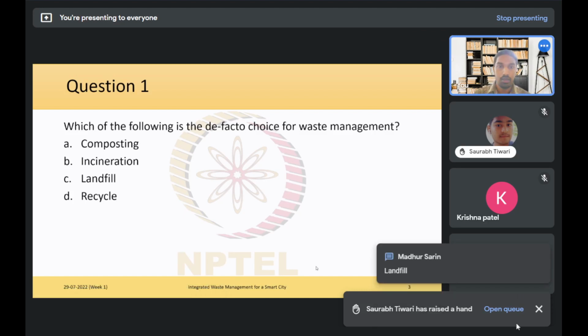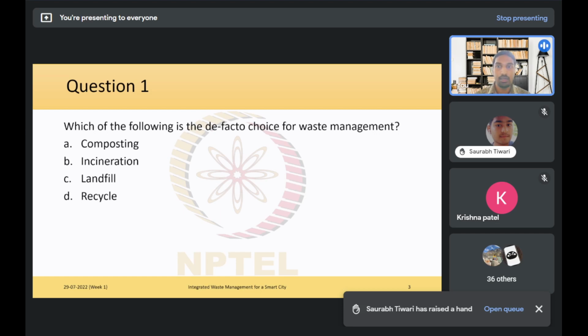Composting is the natural decomposition of organic solid waste, right? In incineration, we combust the waste to transform it into useful energy that we could use for other processes. And in landfill we just dispose the waste.